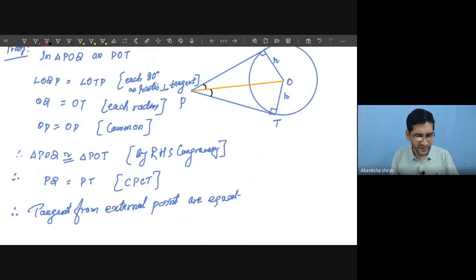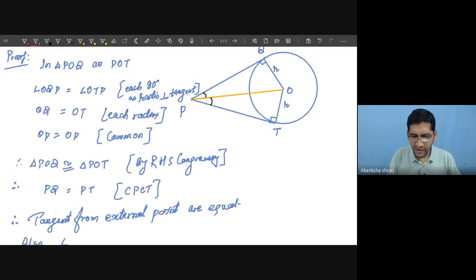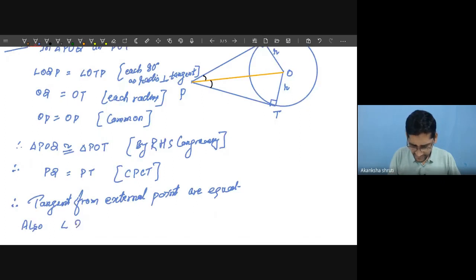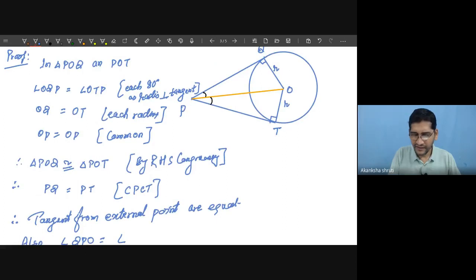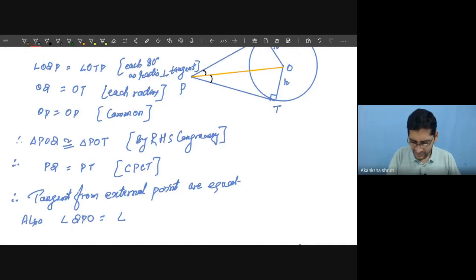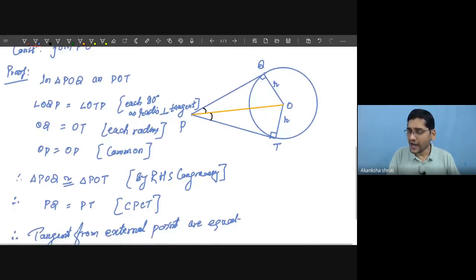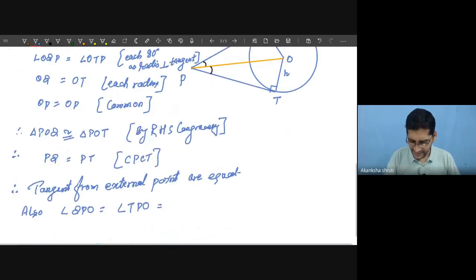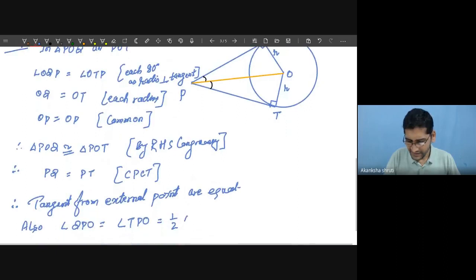So we can also write angle QPO is equal to angle TPO, and each will be equal to how much? Half the angle between the two tangents. Half of angle QPT.